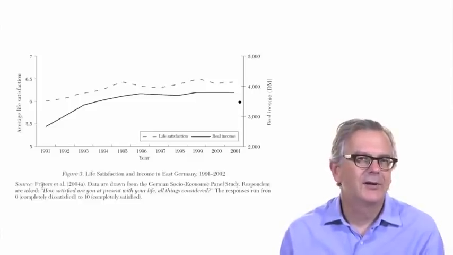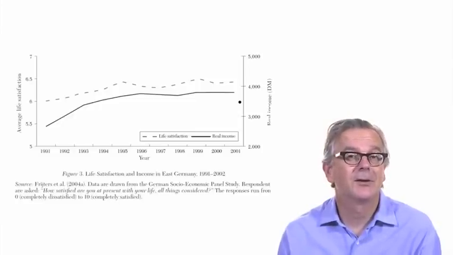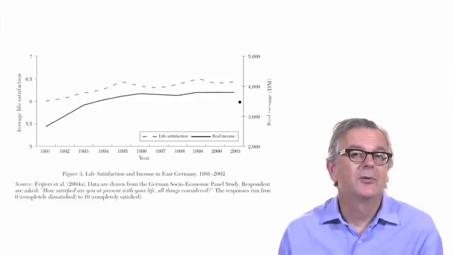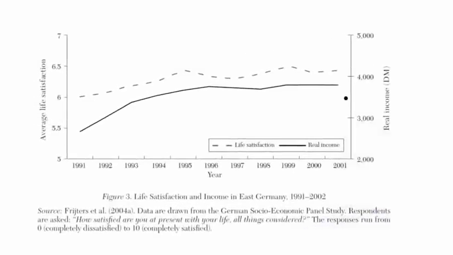This is a really interesting piece of research which essentially looks again at this relationship between income and happiness, but does it for a group of people whose circumstances changed quite dramatically. This analysis was conducted on the citizens of the former East Germany, and it covers the period of reunification. Now, obviously, an enormous amount happened to those people as a result of the bringing together of the two Germanys. But one of the things that happened was a pretty dramatic increase in their average levels of income.